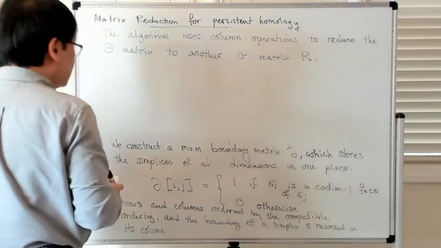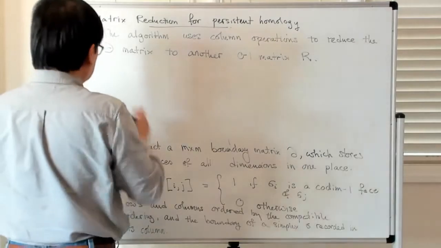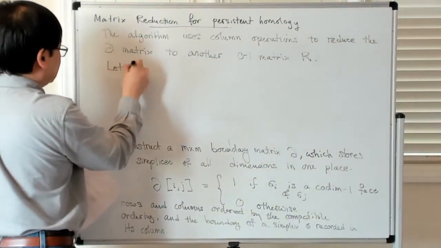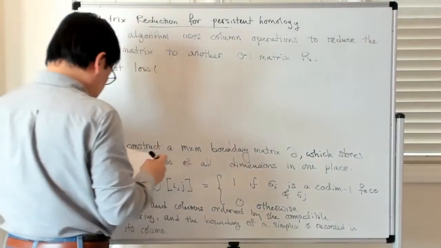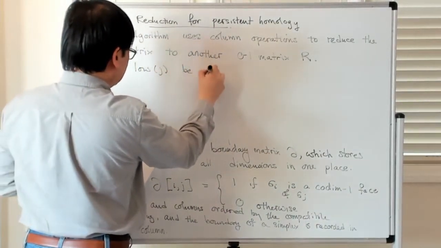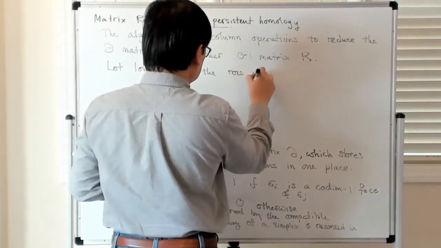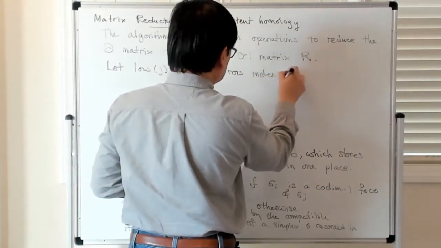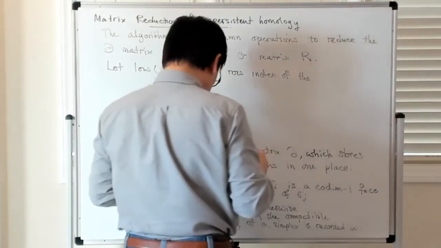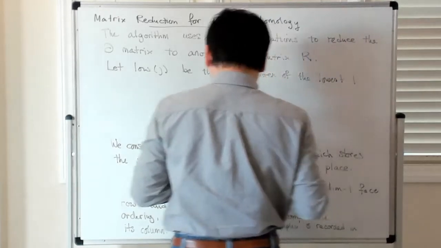And then we're going to define something on this matrix R. So let low j be the row index of the lowest one in column j.